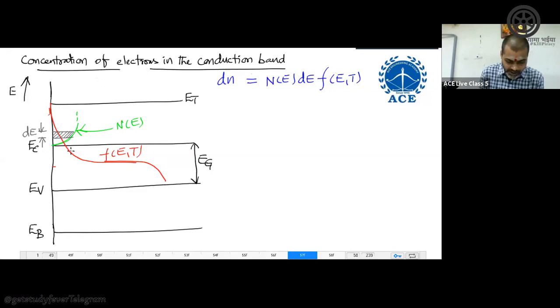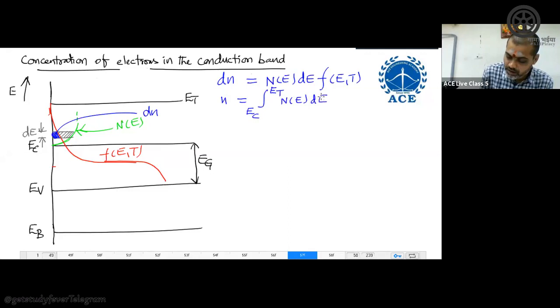And here, where I am getting F of E comma T, this is F of E comma T. Now I'll put one more cross mark here with the blue, this area. So this is nothing but dn. Am I correct? And if you want to calculate n, what you must do? You must integrate within the conduction band. So from EC to ET, N of E dE into F of E comma T. Hope I am clear with what I have written.